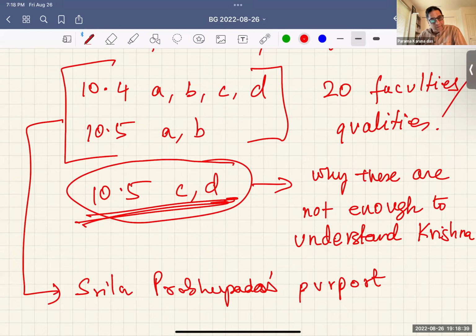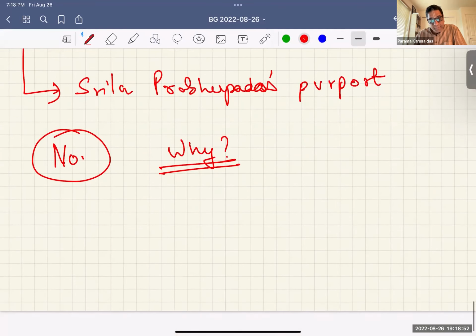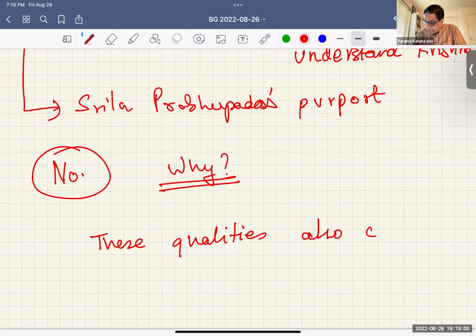Now, is it possible to understand Krishna by the power of these qualities? The answer is no, not possible. Why? Because these qualities also come from Krishna.